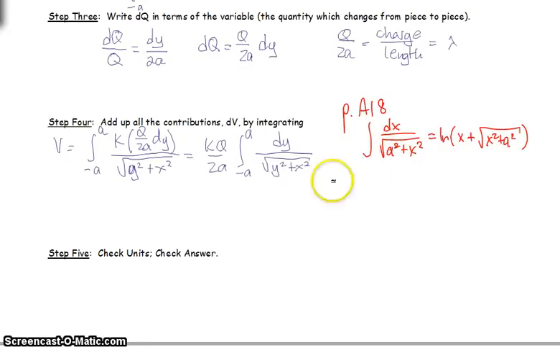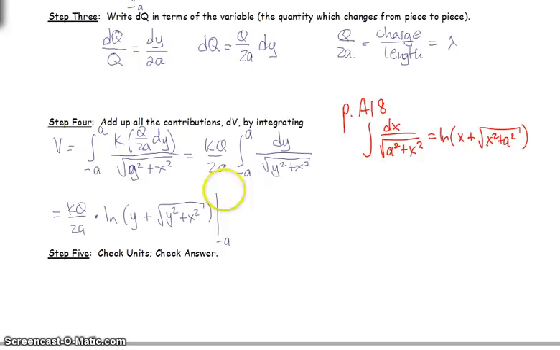Now, in our case, a is x, because x is our constant, and x is y, because y is our variable. So we're going to solve this by substituting it. This is now kq over 2a times the integral from negative a to a of, actually, I want to do the integral, so let me erase that. Let's substitute the answer here. This would be times the natural log of y, which is our variable, plus the square root of y squared plus x squared, evaluated at negative a and a.